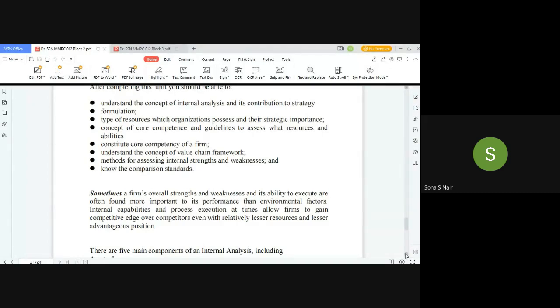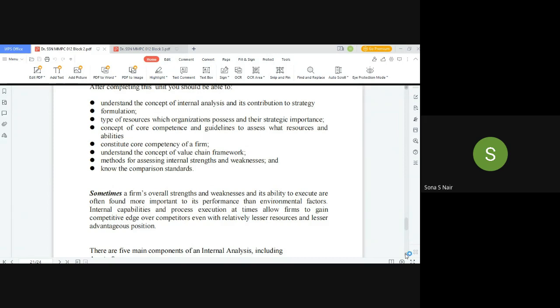It means that sometimes the firm has certain internal qualities, capabilities, assets, and core competencies. We'll come to the explanation of what all these words mean. But sometimes the firm has certain such qualities which help the firm get a competitive edge over the competitors and even survive and prosper in the environment which might not be that conducive.